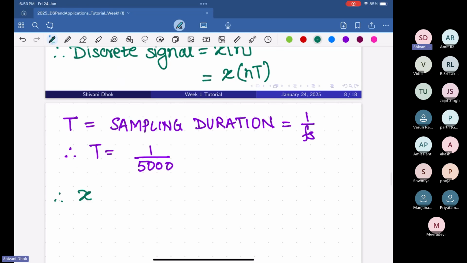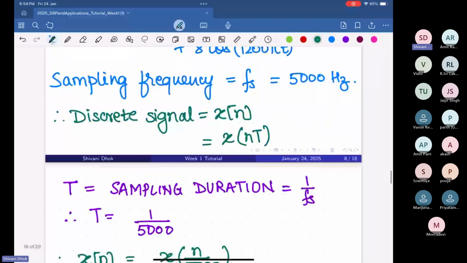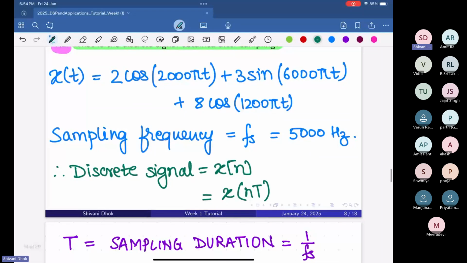Now if I substitute this T here, x of n comes out to be x of n by 5000. Now what was our x of t? This x of t is given in this equation here. Let me copy paste it on the next page for our reference.